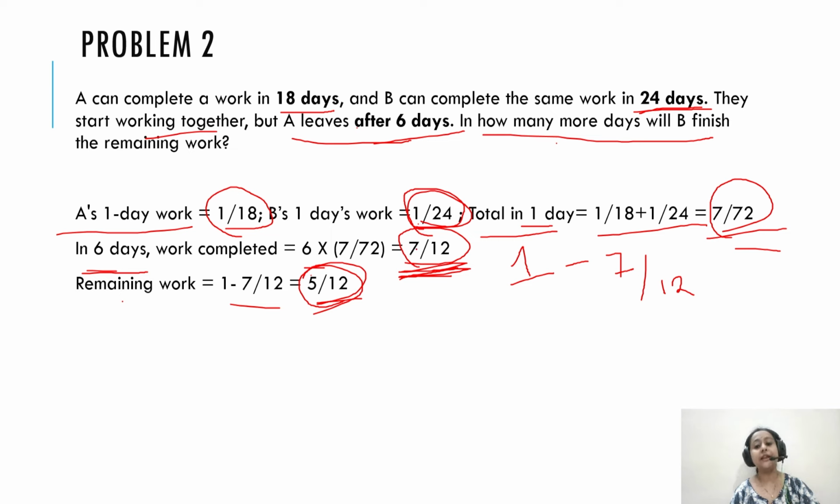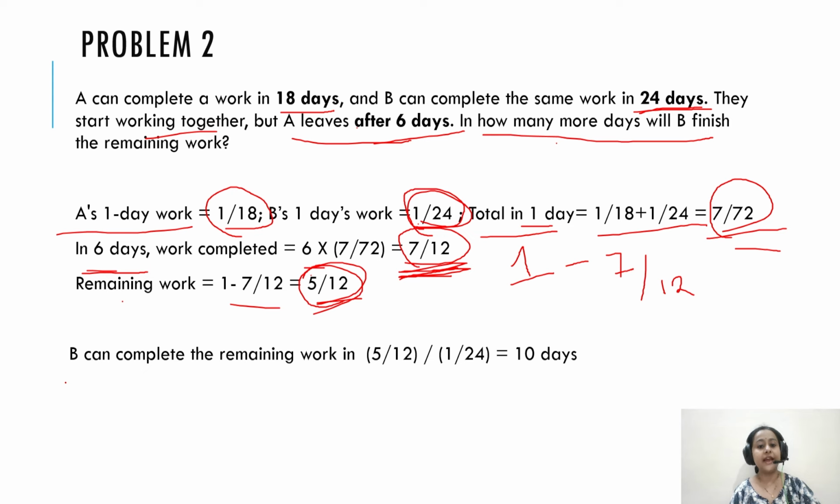So B can complete the remaining work: 5 by 12 divided by 1 by 24, which is 10 days.